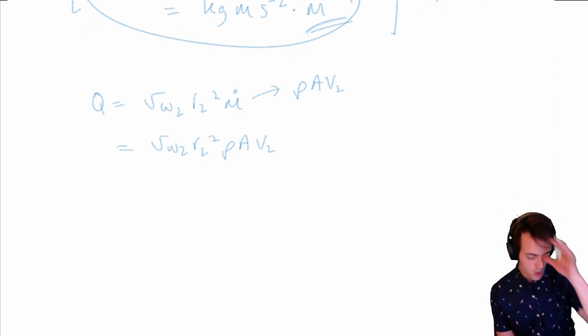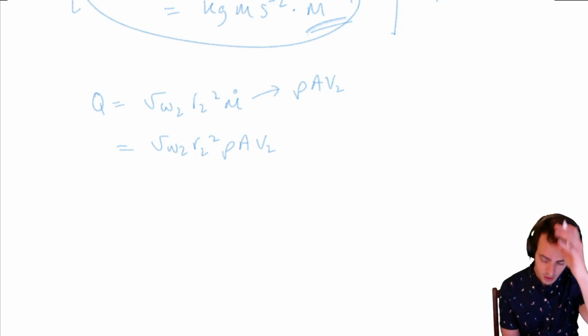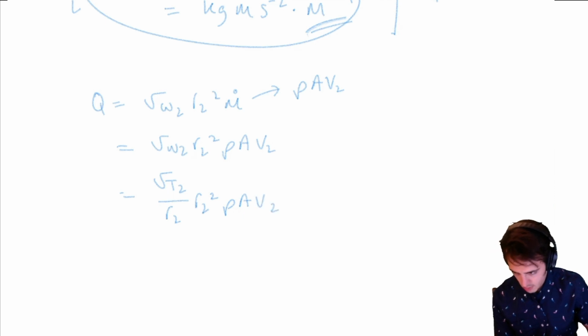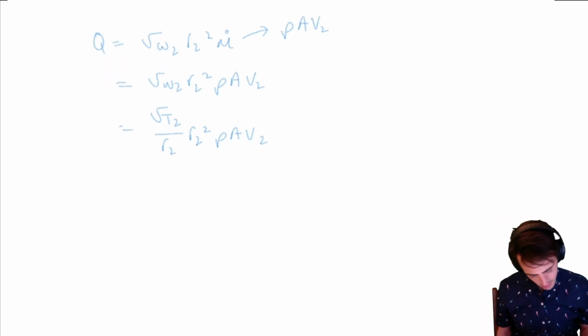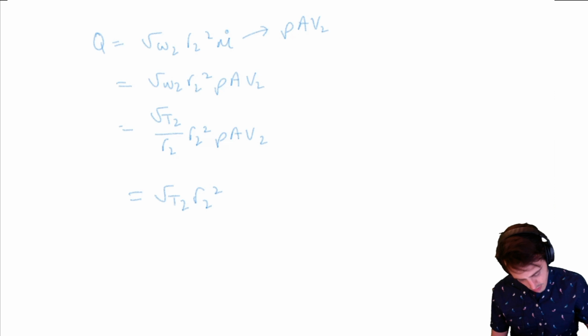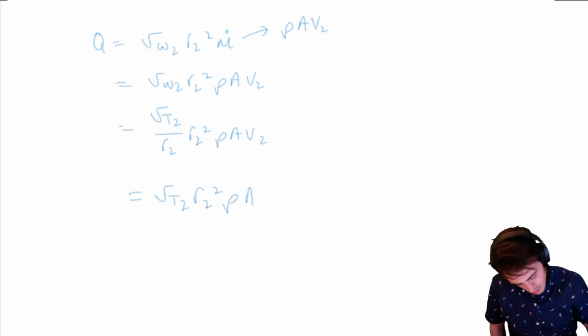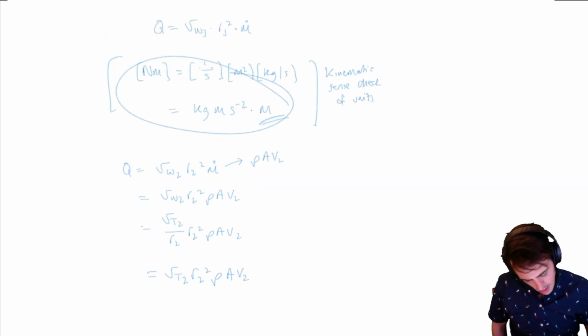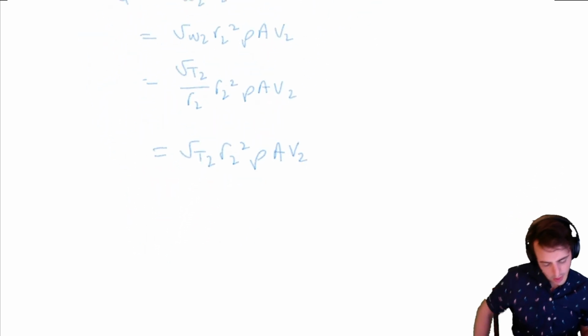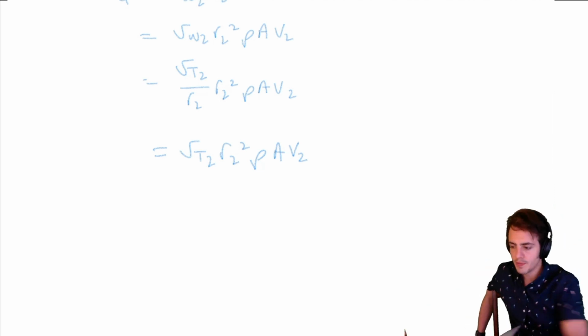Then our swirl velocity was the tangential velocity divided by the radial distance. Looking at this, we might have been able to do this without one of those swirl velocities, but we've got to this point now anyway.